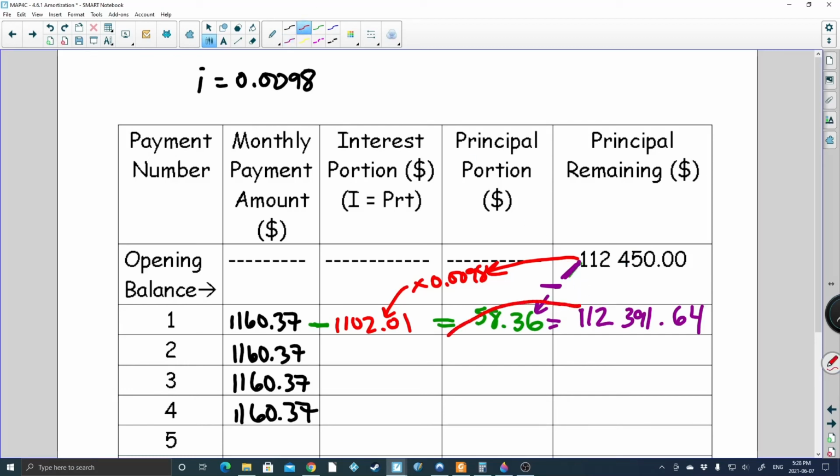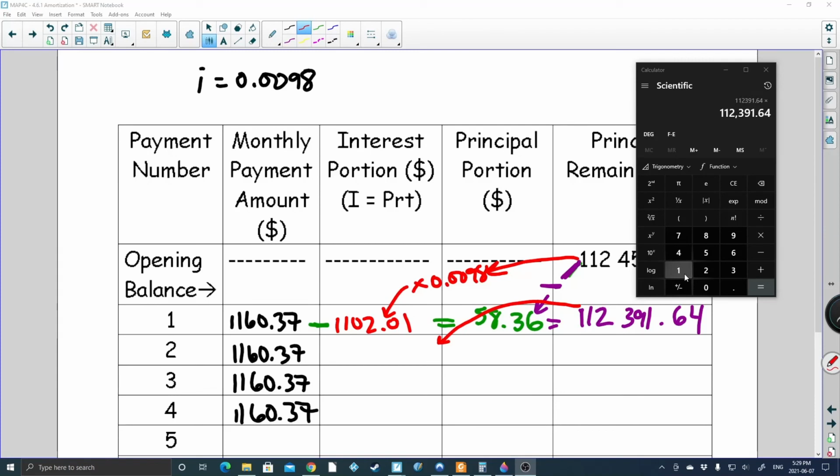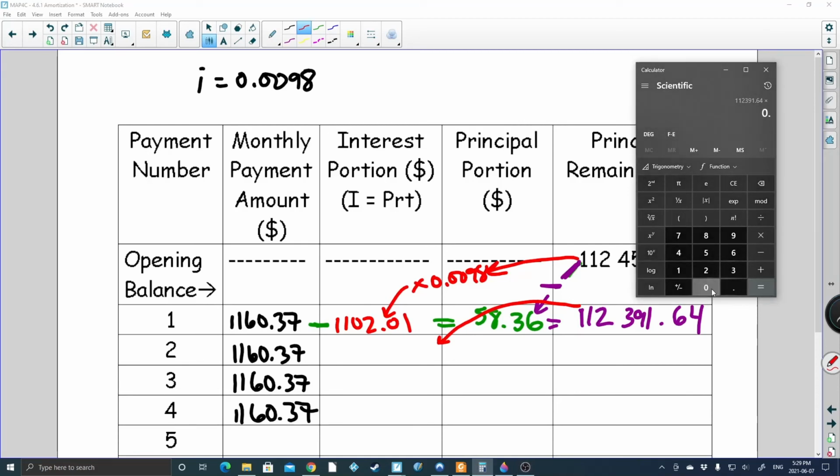I'm now going to multiply that by my 0.0098. So let's do that. So the $112,391.64, we're going to multiply that by 0.0098. That gives 1101.43.